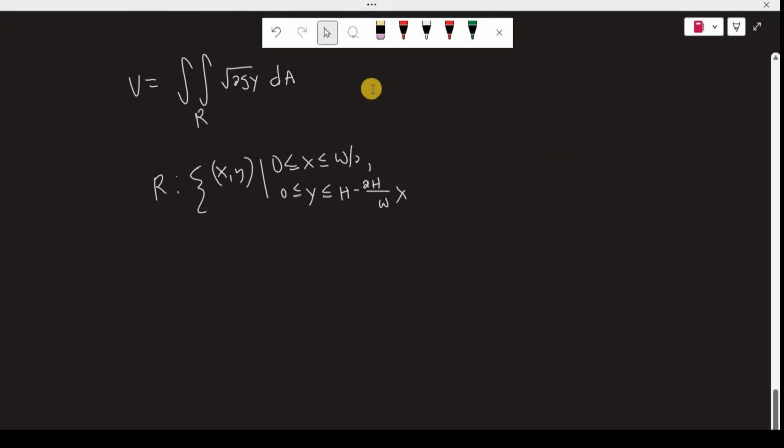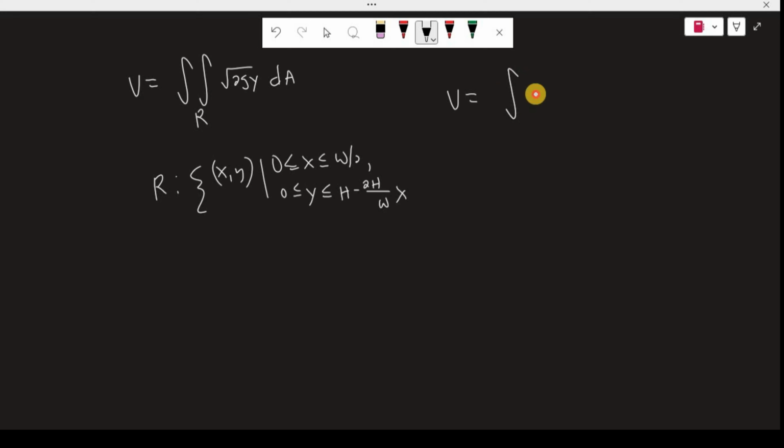Okay, so before we integrate this double integral with respect to y first, as follows.